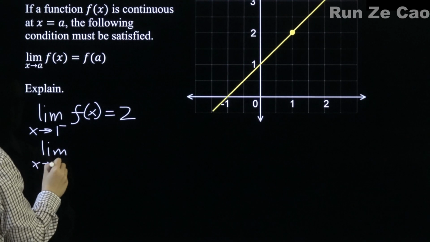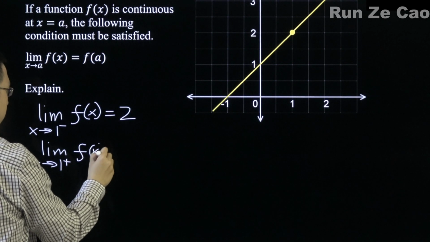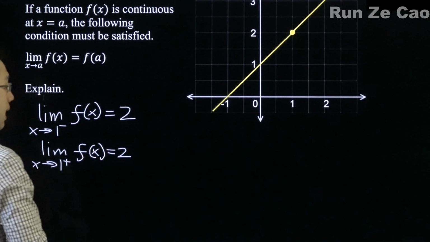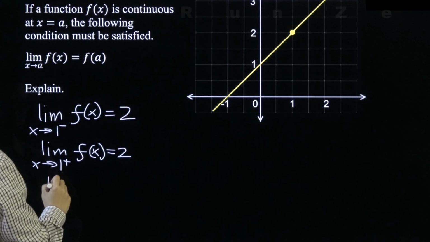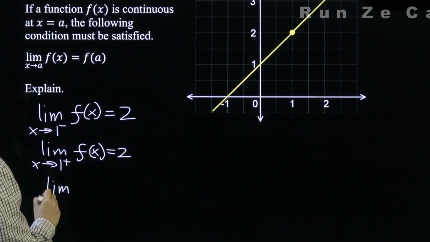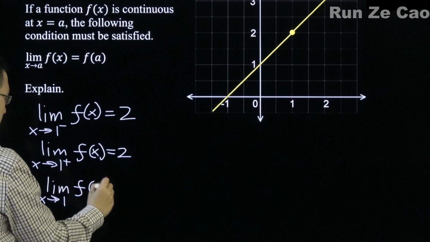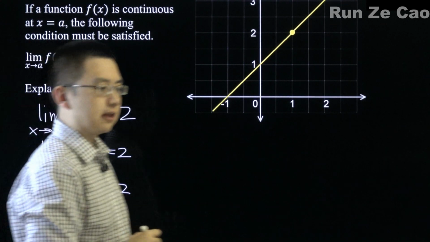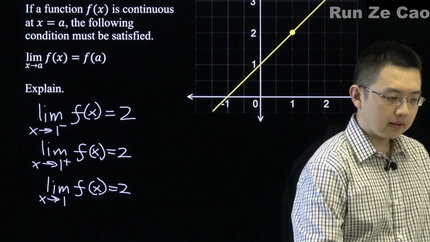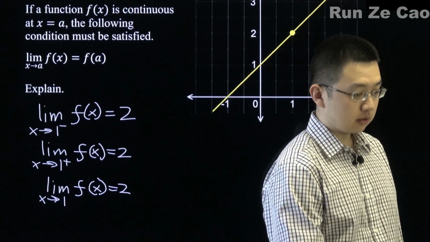The limit as x approaches 1 from the positive side of f of x is equal to 2. And what does this tell us? This tells us that put together, the limit of x approaching 1 in general for f of x is equal to 2. And what is f of 1 here? f of 1 here is clearly 2.